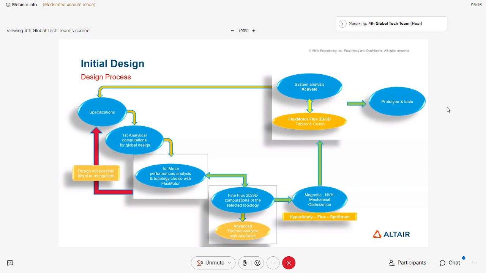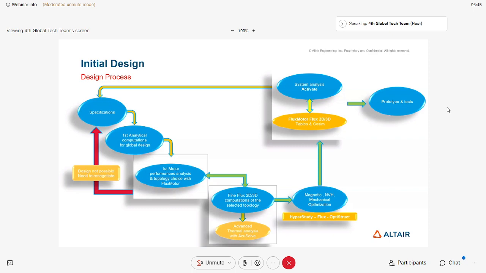It can happen that, unfortunately, we cannot reach the performances needed with the constraints of the specification. Then here we'll have to renegotiate, if I may say that, a little bit on the specification, because physically it's not possible to put the motor and to answer the specification.